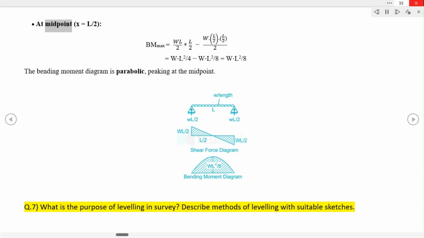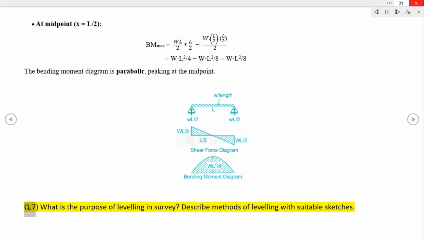At midpoint, x equals L/2: BM max equals (WL/2)(L/2) minus W(L/2)(L/2)/2, equals WL²/4 minus WL²/8, equals WL²/8. The bending moment diagram is parabolic, peaking at the midpoint.